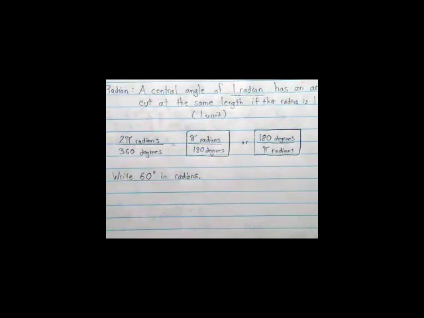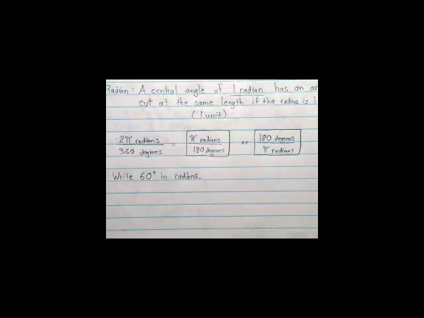So I want to multiply by some kind of conversion where the degrees are going to cancel and I'm going to be left with radians when I'm done. So which of these two do I want? First one or second one? Nope. First one. I want to cancel the degrees.